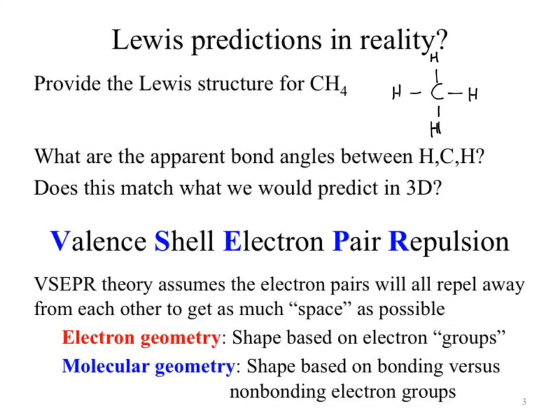Each of them are going to repel away from each other as equally as possible. Same thing with the bonds in there as well. Those electrons want to get as far away from each other as possible. And when we look at methane, at least on the surface, we say, oh, they're all 90 degrees away from each other, except for the outer two. Those are now 180 degrees away from each other in our drawing. So we don't accurately reflect the 3-dimensional structure.